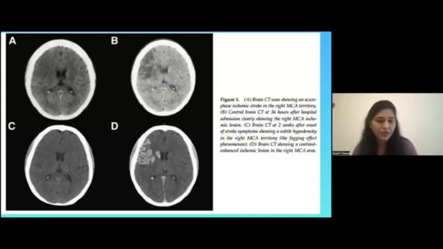And the third image here is the CT image that is taken after 2 weeks, and in this image we are not able to clearly appreciate the infarct. This is the subacute stage of the infarct, which can be very misleading. And this is the contrast enhanced axial CT image showing contrast enhancement. The infarct is showing contrast enhancement.